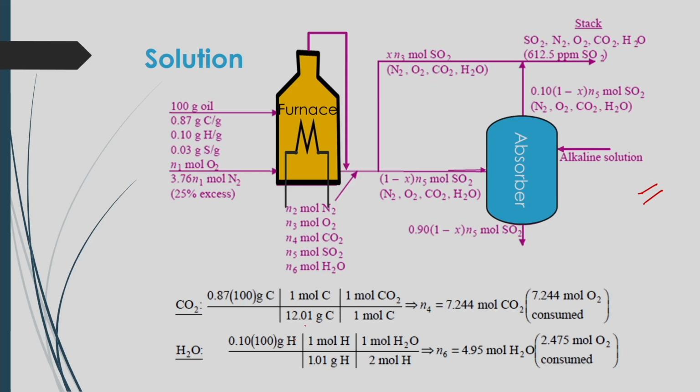So basically, this N4, whatever is coming out from that furnace as carbon dioxide, will be exactly the same as the 87% of carbon in the feed stream.